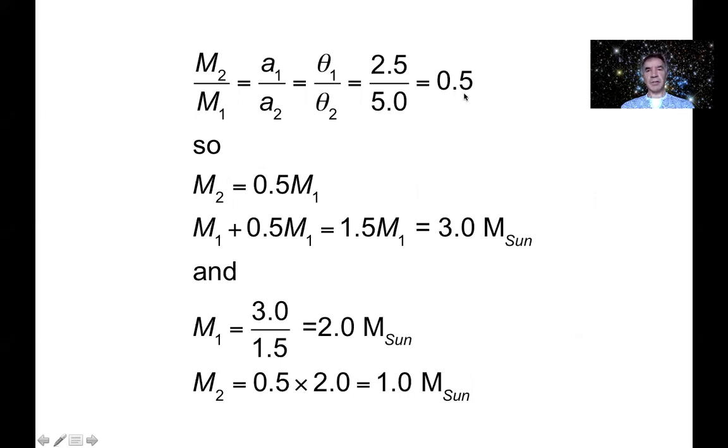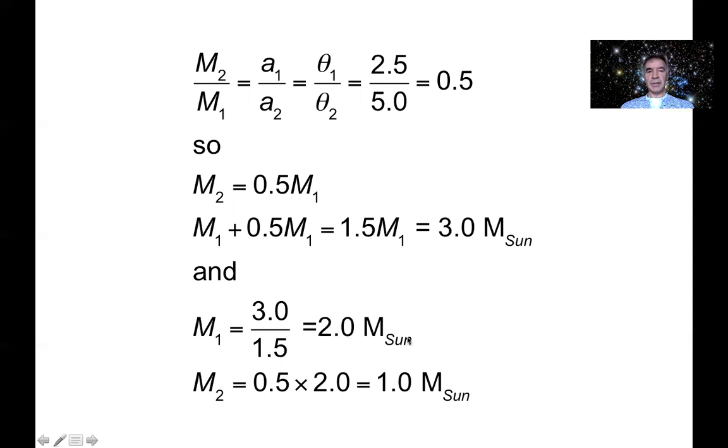So one star is half the mass of the other one. Then you can substitute that into M1 plus M2, replacing M2 with this. So you end up with 1.5 M1 is 3 solar masses. That means M1 is 2 solar masses, and M2 is 1 solar mass. So you can solve for both masses individually.